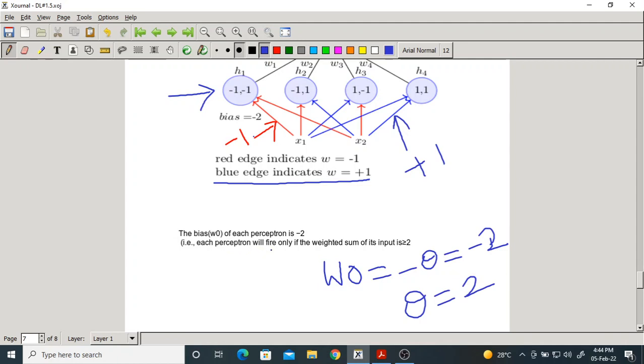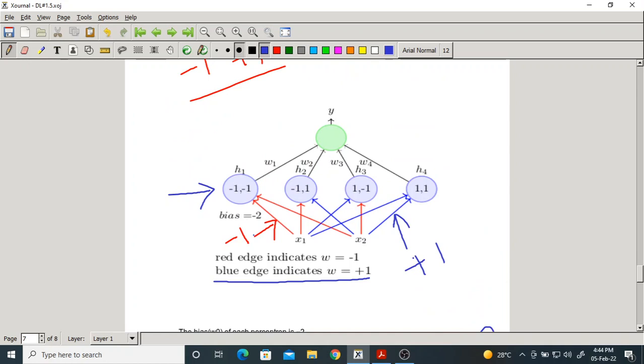Each perceptron will fire if and only if the weighted sum is greater than or equal to 2. Why? Because theta is 2. The bias is -2, but theta is 2. Please remember this. All these 4 perceptrons will fire if and only if their weighted sum is more than the threshold.